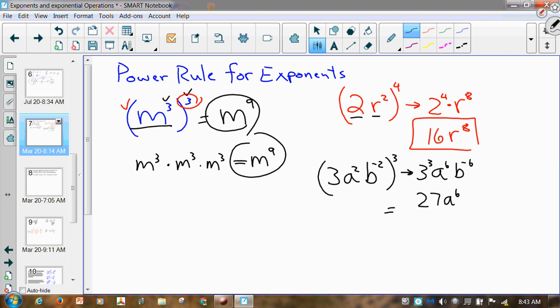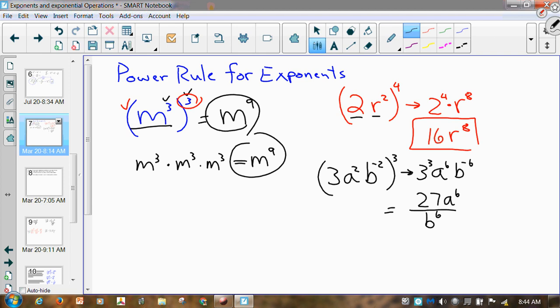Well, if we stick by our normal etiquette rules of math, we say we don't like negative exponents, so we would use the reciprocal rule and take the b to the minus 6 downstairs, and it would become b to the positive 6. Okay? So think about that just for a minute and make sure that makes sense to you. But remember what we did there. Don't forget anything that was inside the parentheses, we go ahead and raise that to a power.